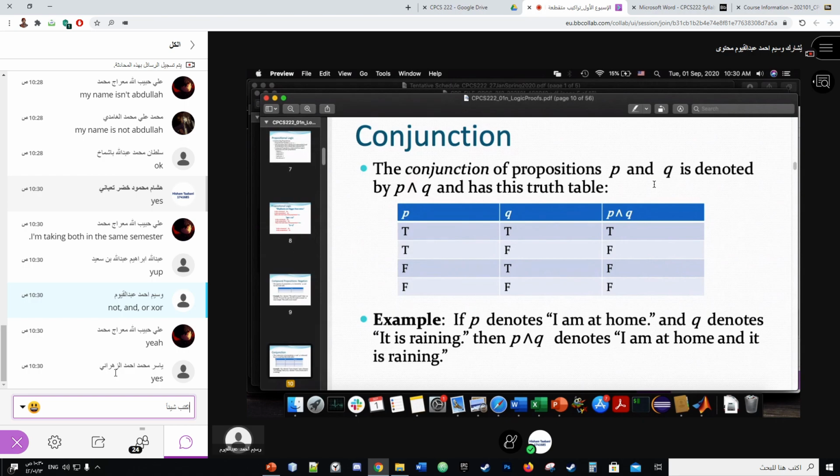Okay, so the and operator is also called the conjunction operator. Again, a big word. These big words are the complicated things in this course. Okay, so I am at home and it is raining. From your point of view, is P true? I am at home.